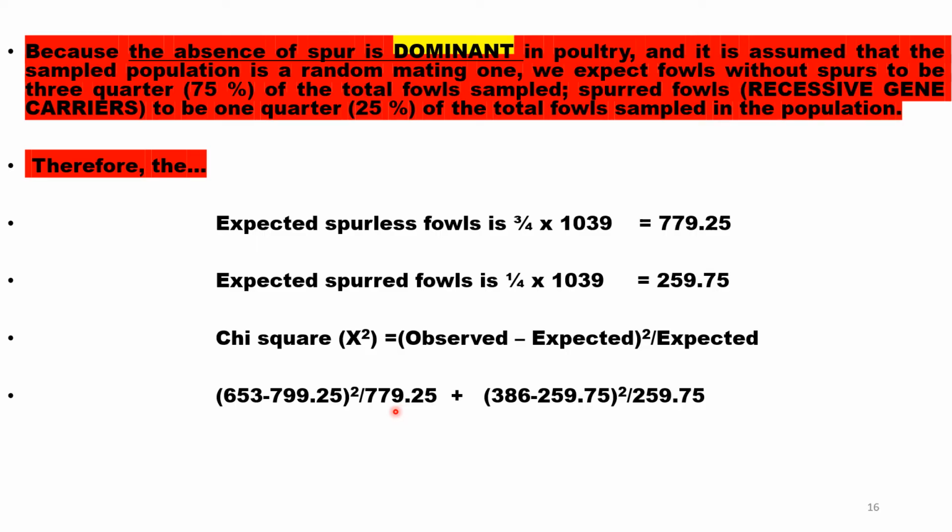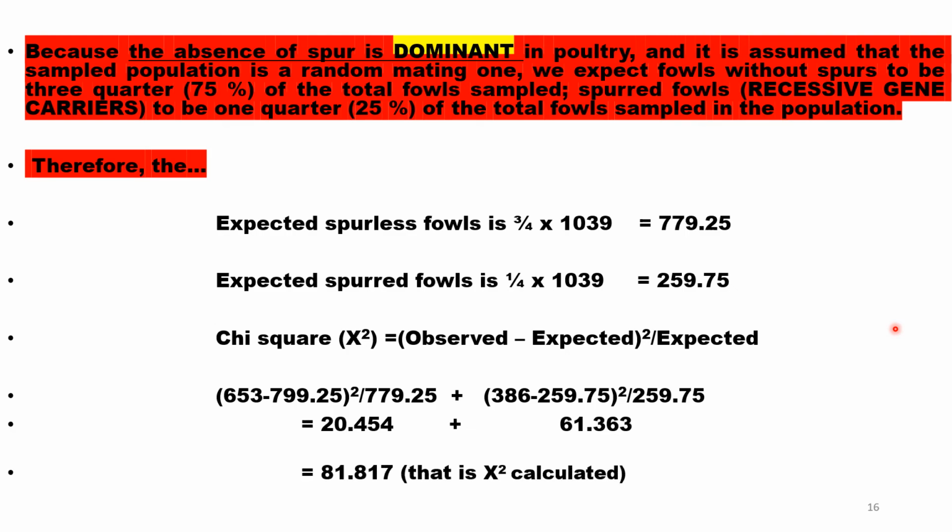That's for those that are having spore, and these are the ones that are not having spore, and that will give us an answer of 81.817. This is the chi-square calculated.